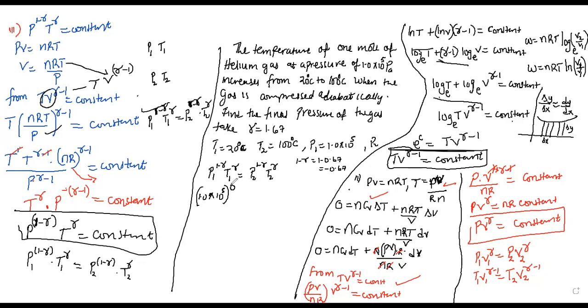So this is power negative 0.67 times 20 power 1.67 is equal to P2, which we are looking for, power negative 0.67 times 100 power 1.67. We had to convert the temperature. We are supposed to convert the temperature to Kelvin. So this is 20, and Kelvin is plus 273.